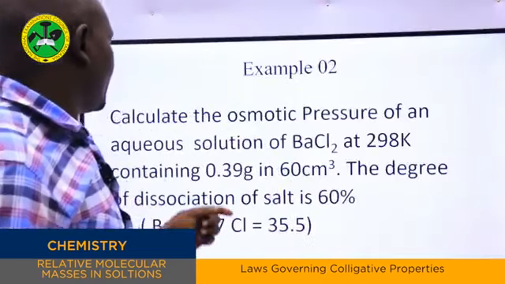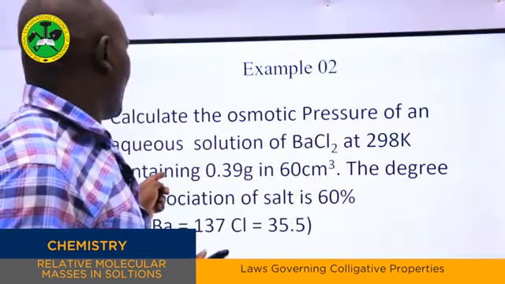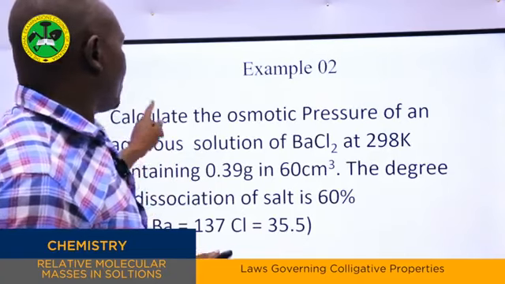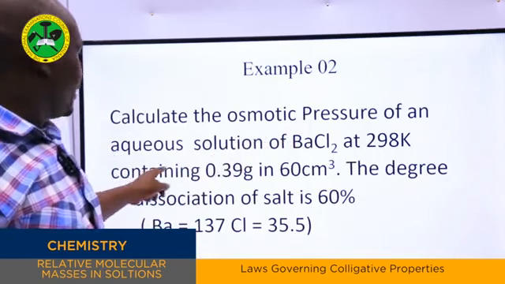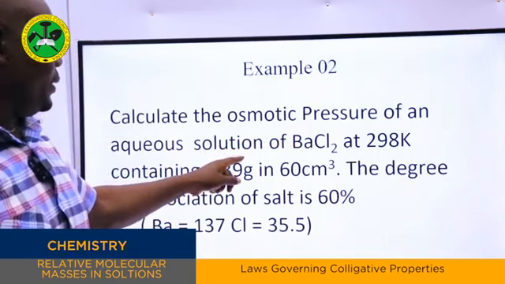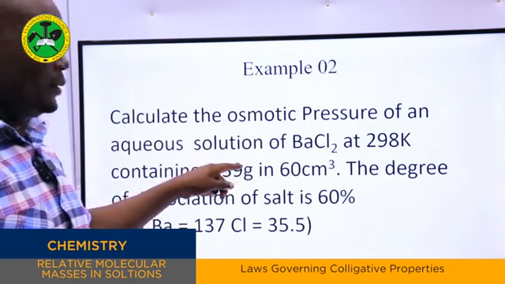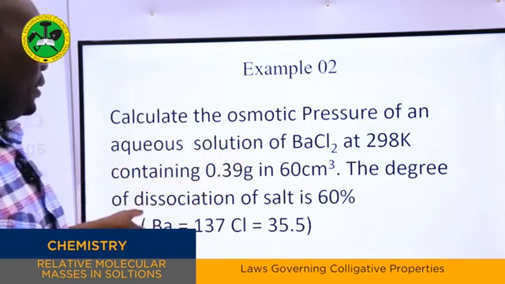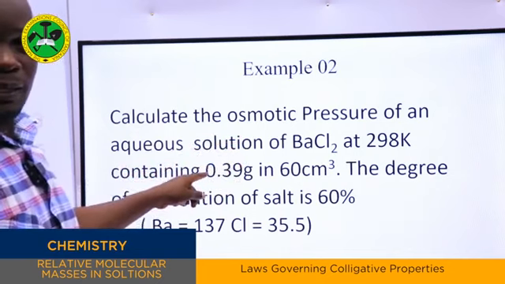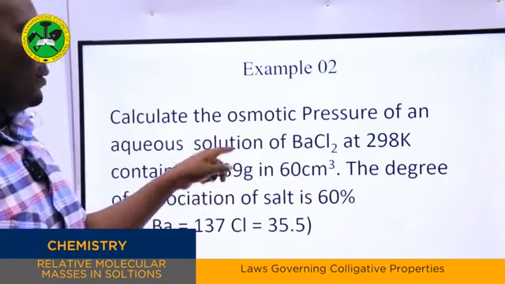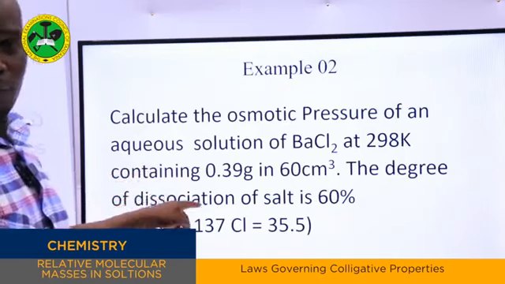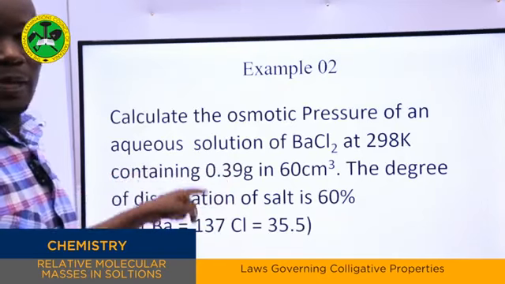Now if we consider the second example, the question is: calculate the osmotic pressure of an aqueous solution of barium chloride at 298 Kelvin containing 0.39 gram in 60 cubic centimeter. The degree of dissociation of the salt is 60%.